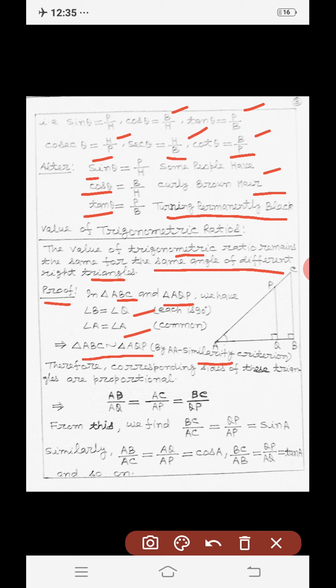So first we find BC by AC equal to QP by AP. Means from the first relation AC by AP is equal to BC by QP, we can write this as BC by AC equal to QP by AP, and this is equal to sin A, from the above figure we can say.